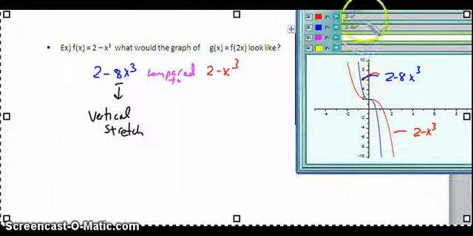So it's being elongated vertically, which is going to make it appear that it's a much skinnier looking graph because it's being stretched vertically. And that's exactly what happened. So just by understanding the basic idea that this 8 is going to make a vertical stretch because I'm multiplying the parent function by 8, lets me know what's happening to my graph. And it was exactly like what we thought the transformation should be.